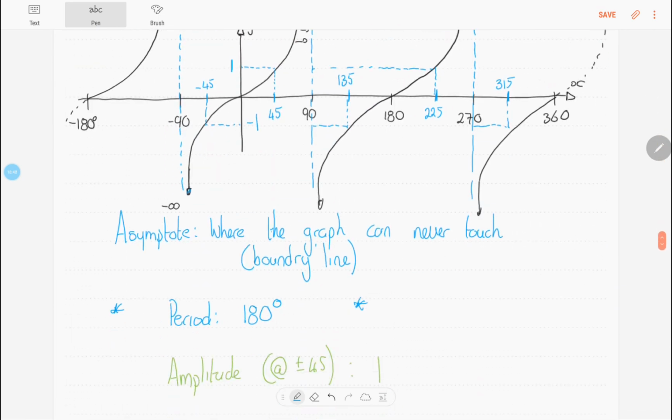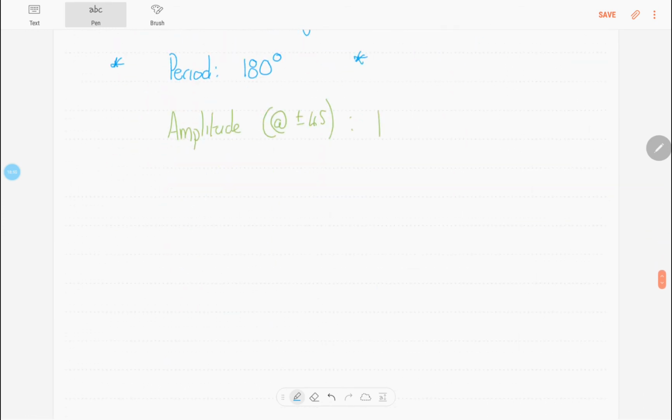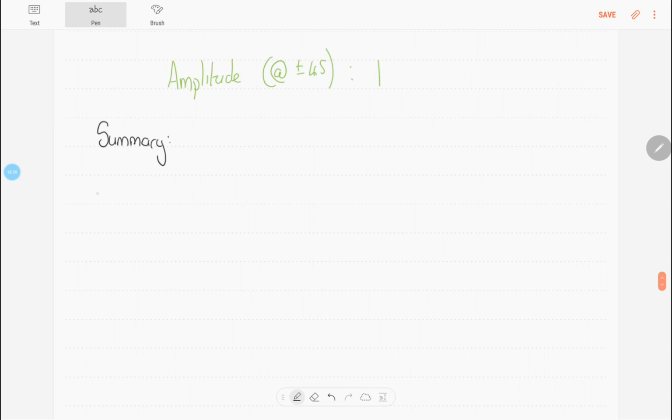Okay, so those are our 3 basic functions. Simple enough. Let's just do a quick summary. With our sine of theta, we have a graph that looks like this. It goes up, down, and there, right?